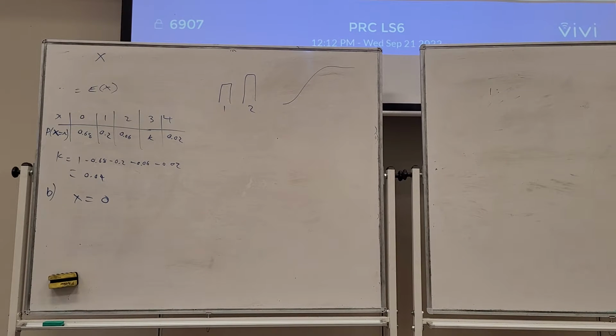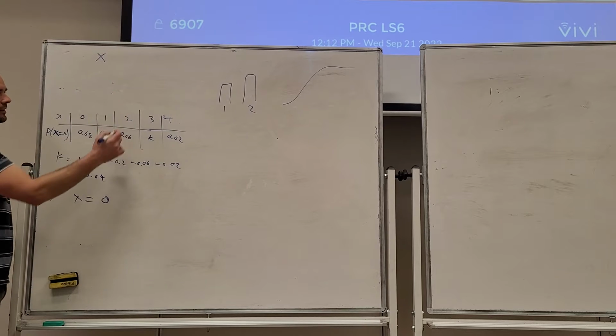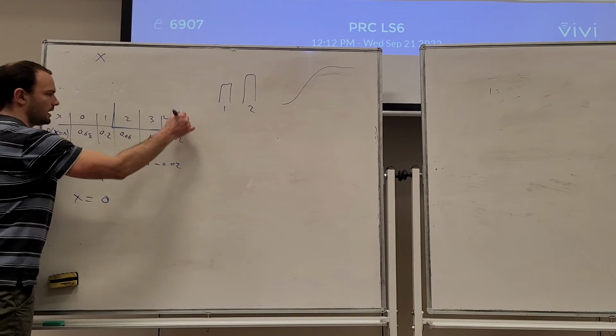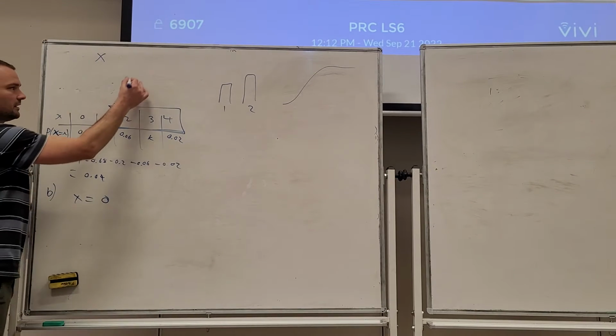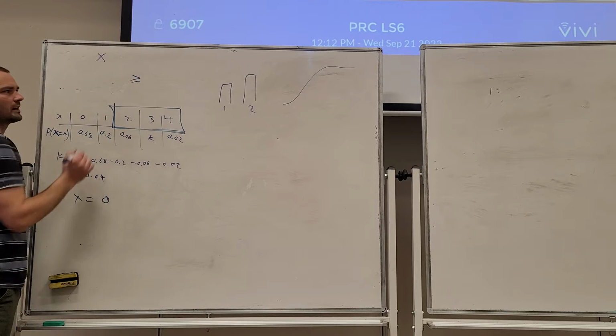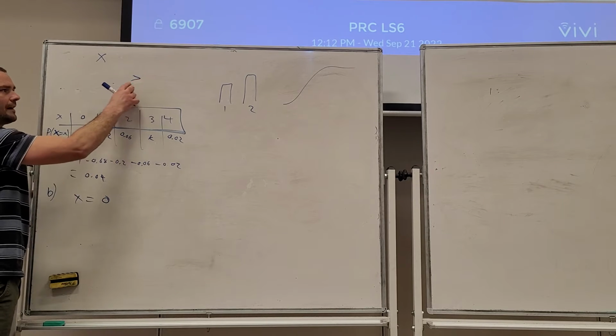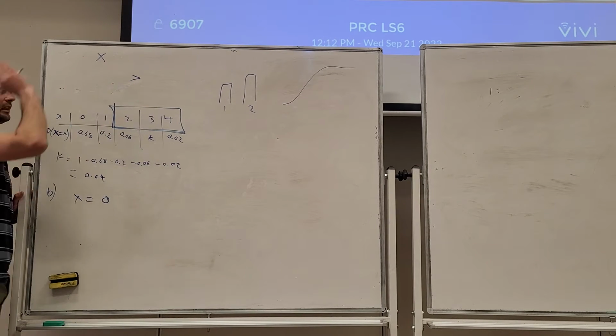Alright, and then for C, find the probability of x greater than 1 and interpret. So x greater than 1, that's going to be these events, right? These events here. Has to be larger than 1. So this is important where we consider the difference between greater than and greater than or equal to. So we don't have the line underneath, which means we're just talking about larger than 1.